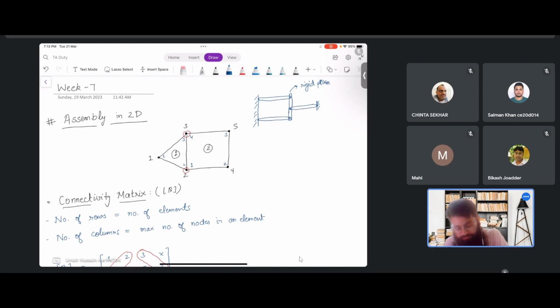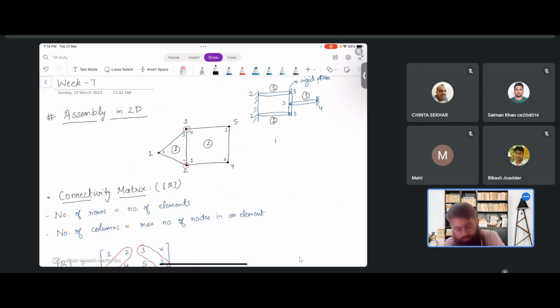So we have this as node 1, node 2, and since this is a rigid plate, these all would be node 3, and this is node 4. So essentially we'll have three elements here. Suppose this is element 1, this is 2, this is 3. Can someone tell me what would be the connectivity matrix for this system?